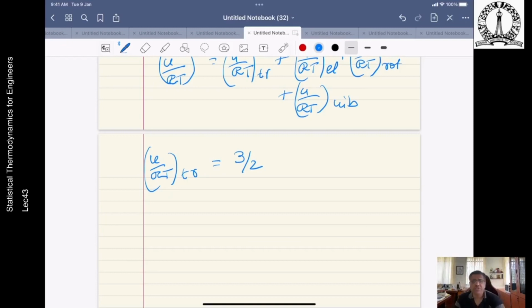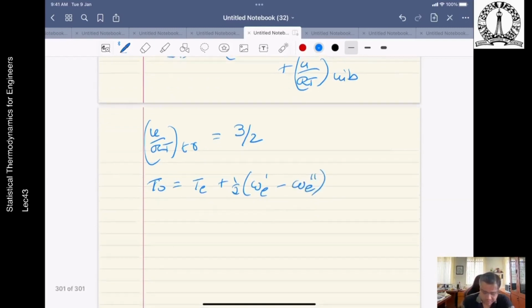Because of our choice of zero of energy, we convert from the Te formulation to the T naught formulation. Recall that T naught is equal to Te plus half omega e prime minus omega e double prime.